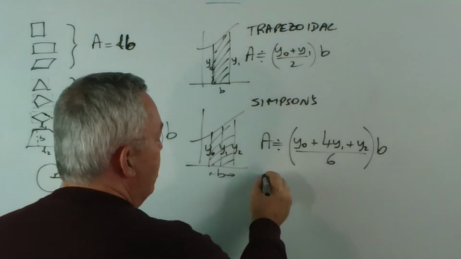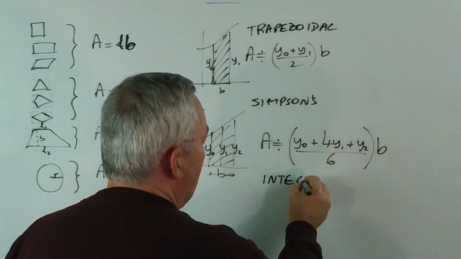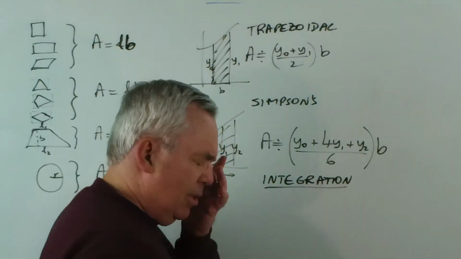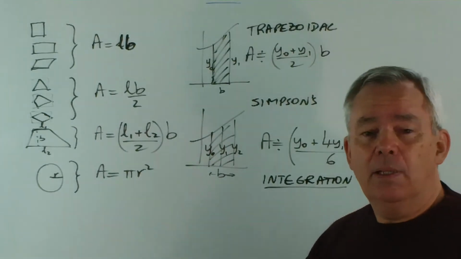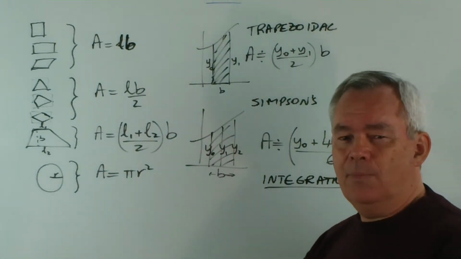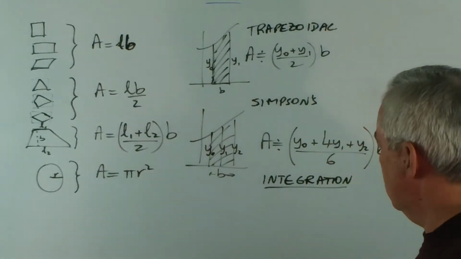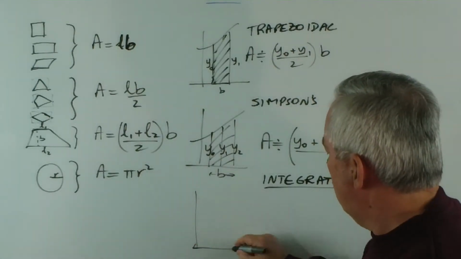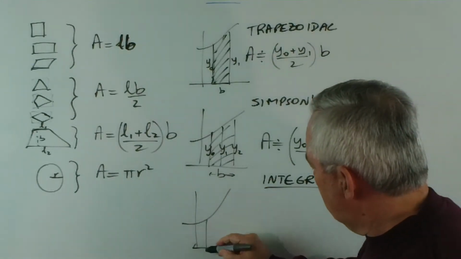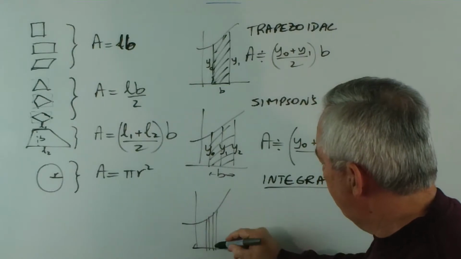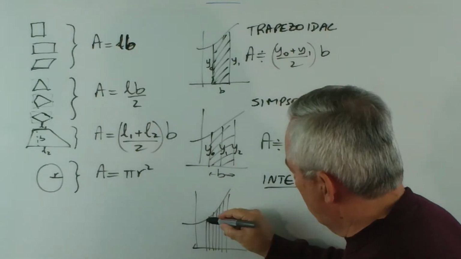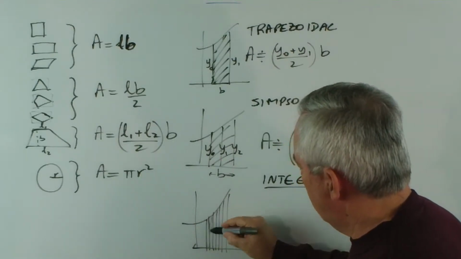The last thing I want to mention is integration. Now, I'm certainly not going to deal with this in great or precise mathematical detail. I'm just simply trying to get a concept across. When we're finding the area under a curve using an integral, what we're basically doing is dividing the area up into lots of very, very tiny strips.